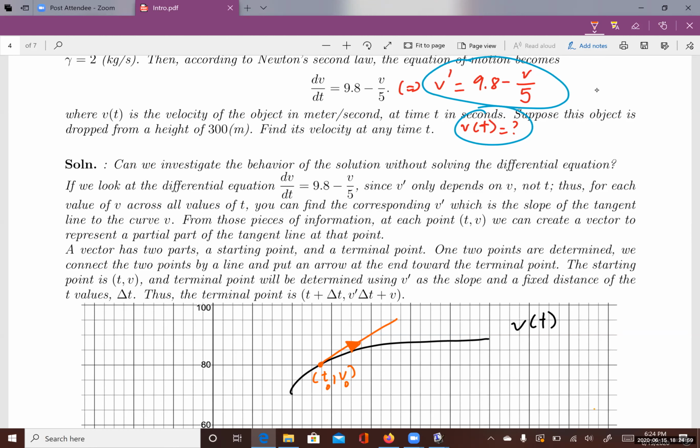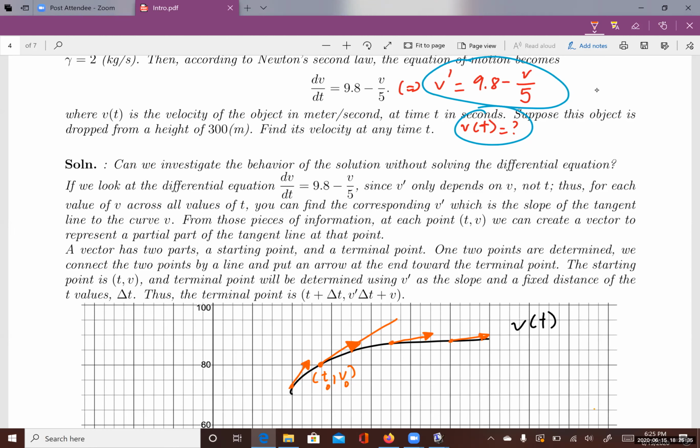So if I pick another point, I draw another slope vector, or I pick this point, I can draw a slope vector here. Once you have a lot of vectors describing this differential equation, then you can see the solution curve, which is going to flow through these vectors here.